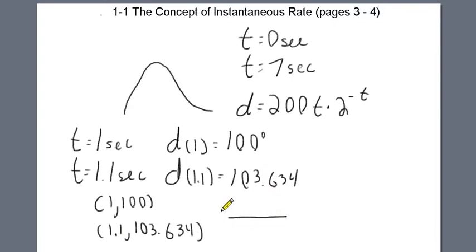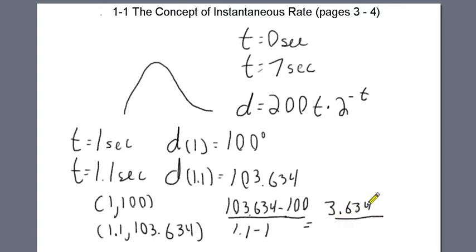Across the top, I'm going to put 103.634 minus 100. Across the bottom, 1.1 minus 1, which gives us a slope of 3.634 degrees over 0.1 seconds. Now, that's pretty much good enough.